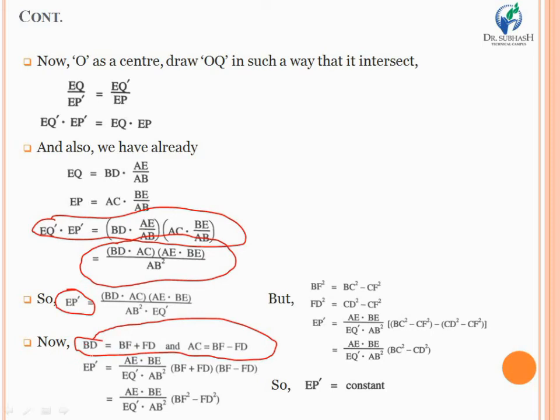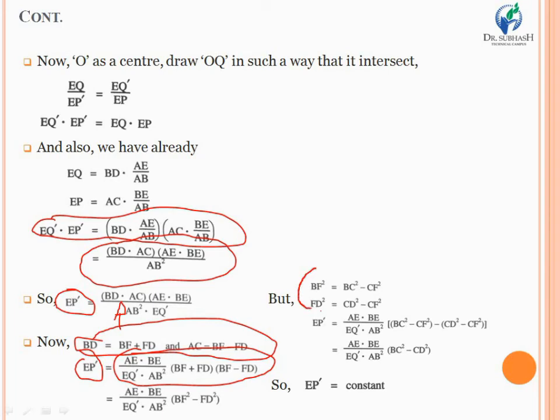Now again, by putting both of the values of BD and CE in the relation that we have derived, you are getting the relation of EP dash is equal to AE into BE upon EQ dash into AB square, bracket BF plus FD and BF minus FD. So by simplifying that, you can have AE into BE upon EQ dash into AB square, BF square minus FD square.